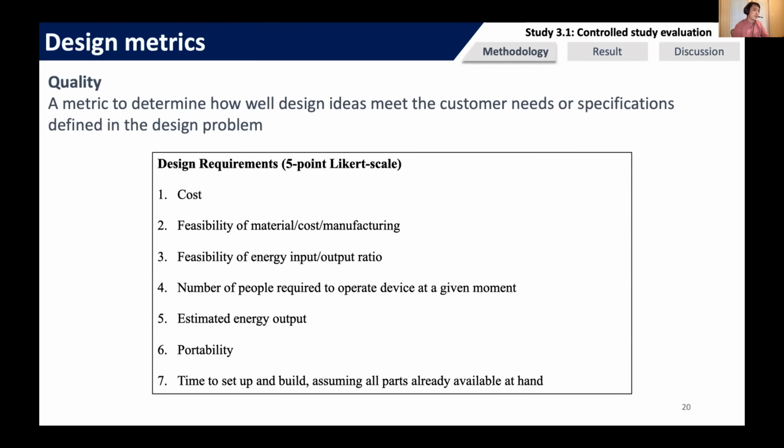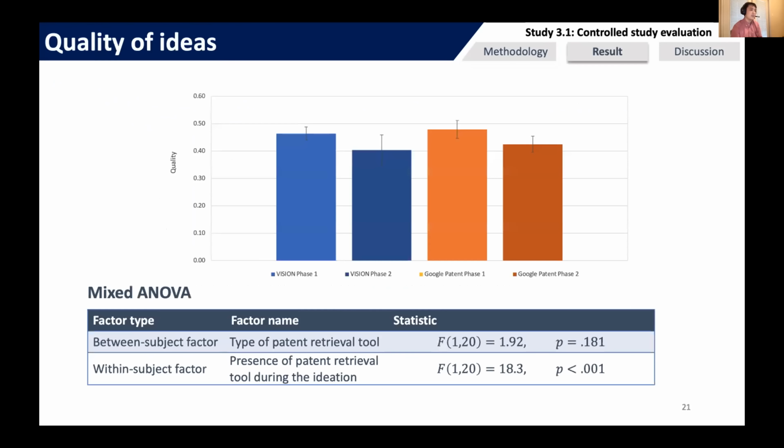The second metric, quality, was used to determine how well the generated ideas meet the design requirements defined in the problem statement. So we had a set of design requirements, and we computed how well each idea meets these requirements. And here's the result for the quality.